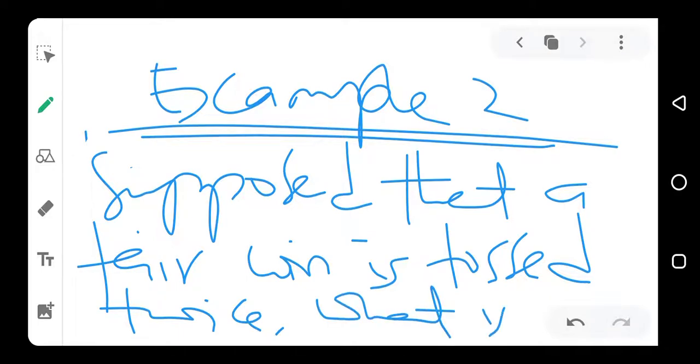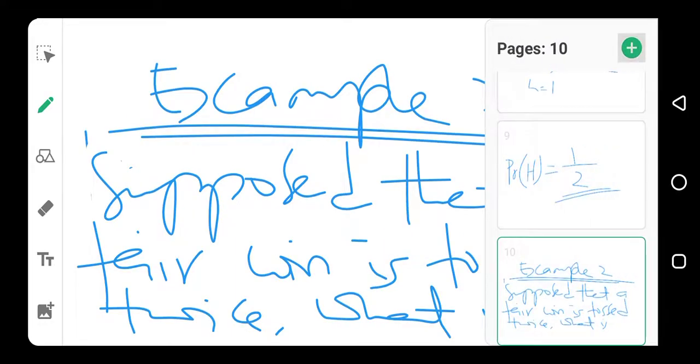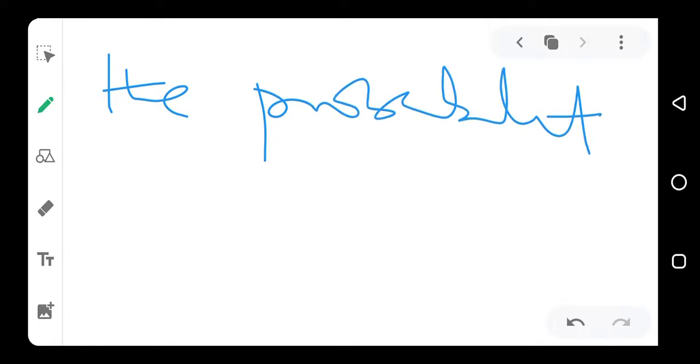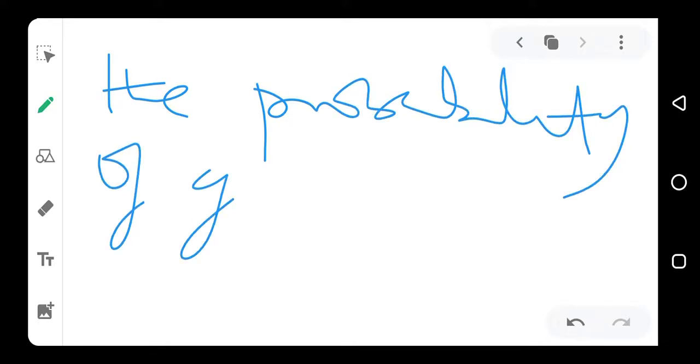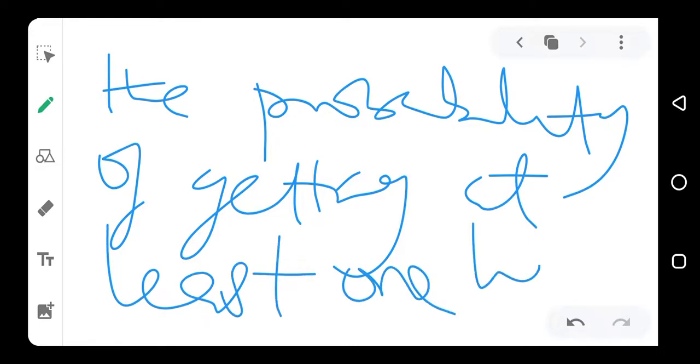What is the probability of getting at least one head?